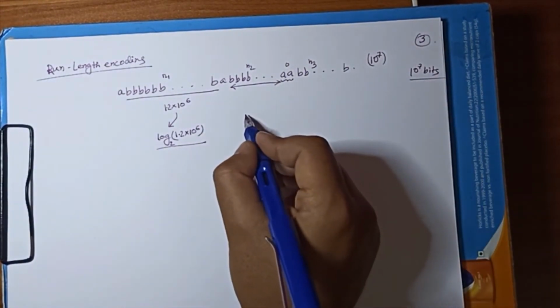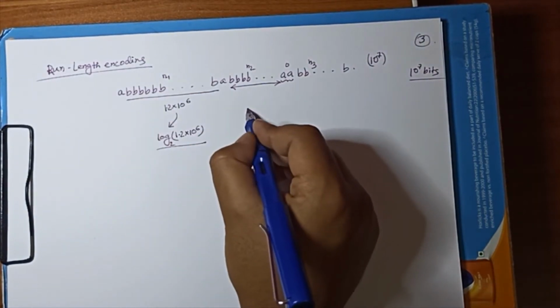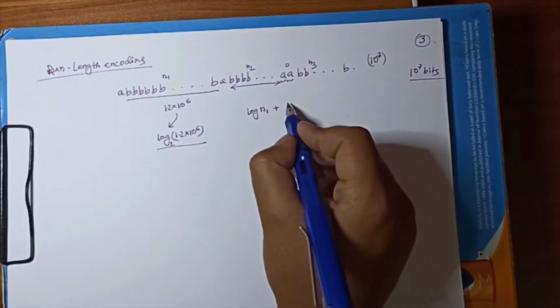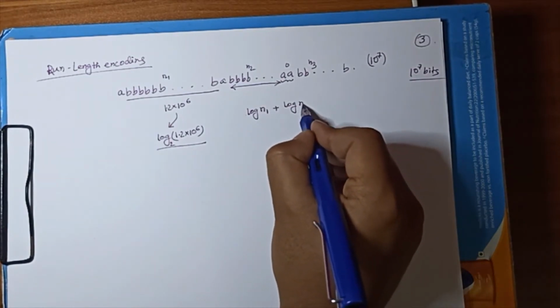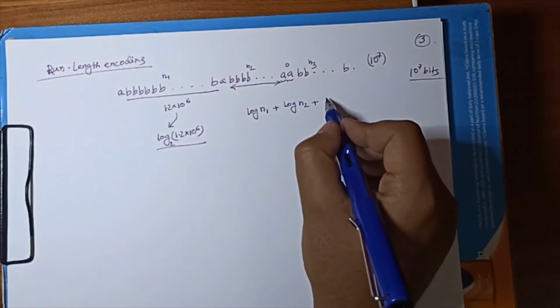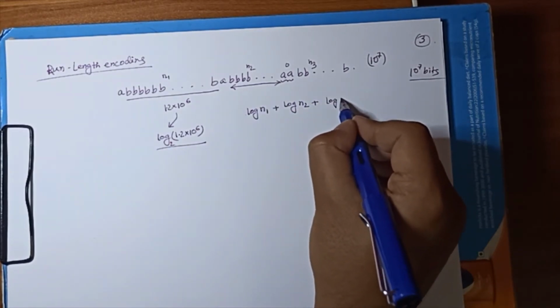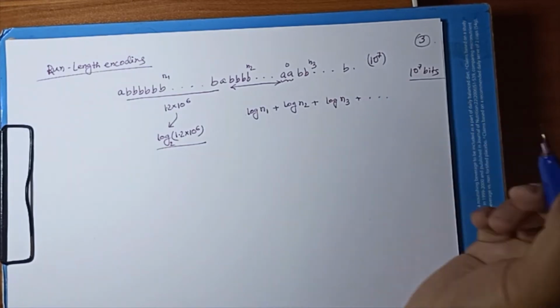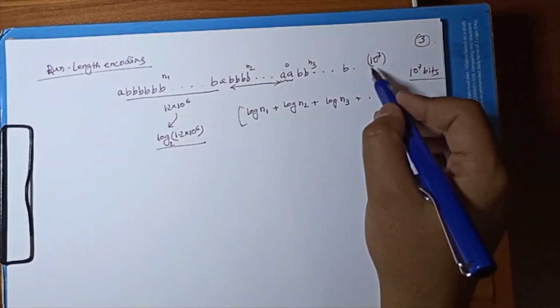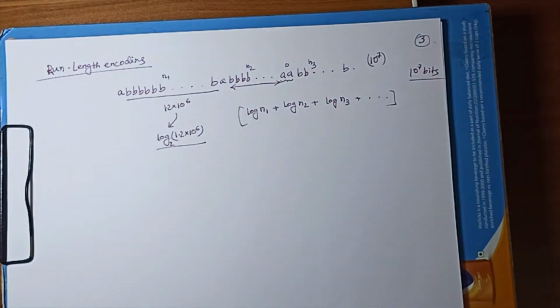You encode the number n1 by log n1 bits plus the number n2 using log n2 bits plus the number n0 say using log 0 bits, etc. Plus log n3 bits, etc. Okay. So only these numbers will encode the entire string. So the entire thing will be basically a log of the number.